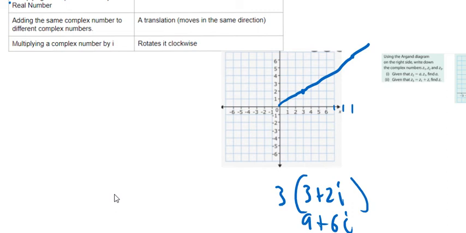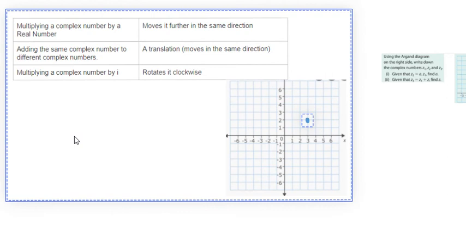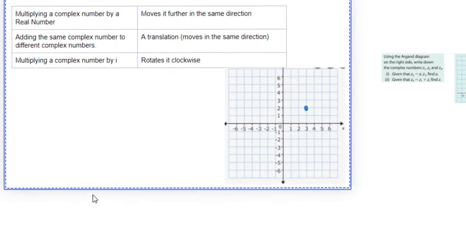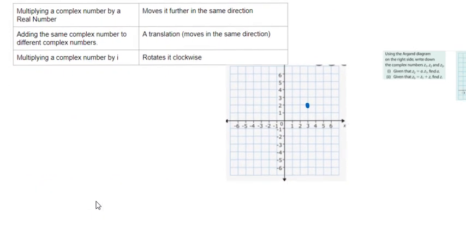It doesn't matter what real number you multiply a complex number by, it'll just be further along in the same direction, as if you're drawing a straight line through the origin and the complex number itself. That's something to recognize, because you'll have to solve problems by knowing that afterwards.